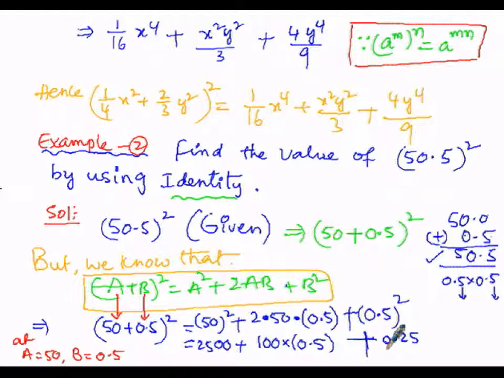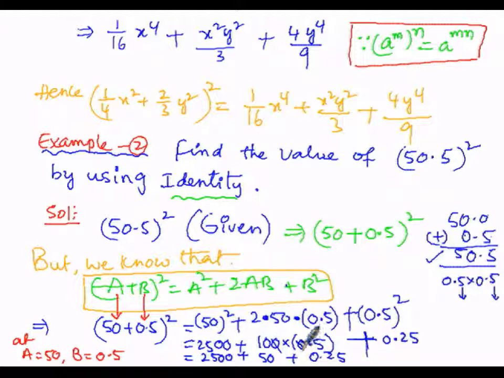Then now that is equal to 2500 plus, in order to cancel this decimal we have to cancel one 0. So here 0 won't have any value, that is 10 into 5 is 50. Then now plus 0.25 written as it is.